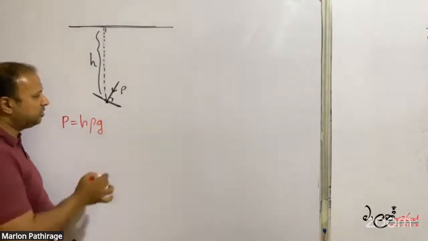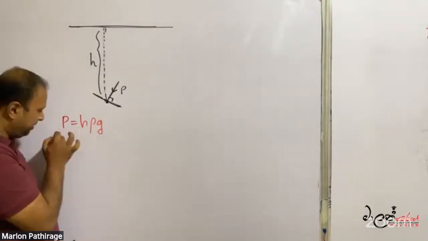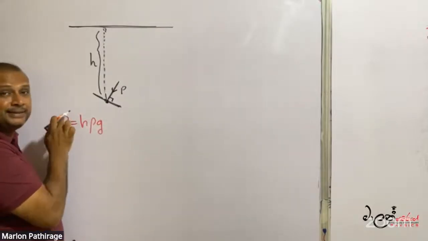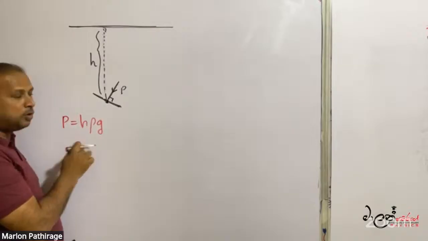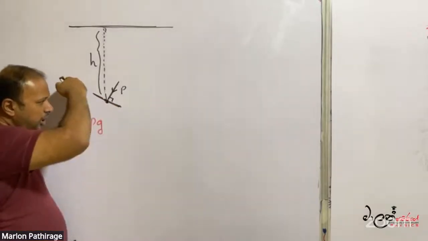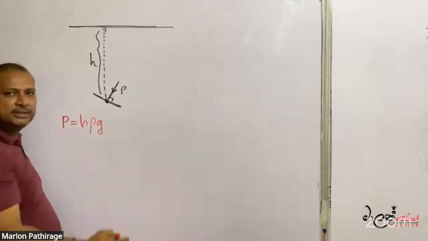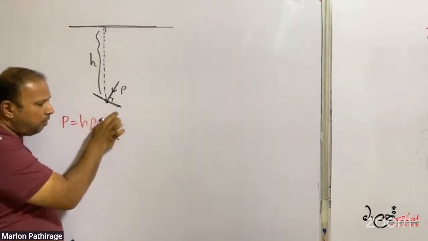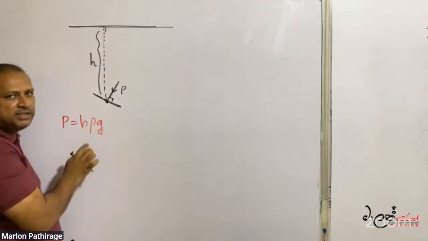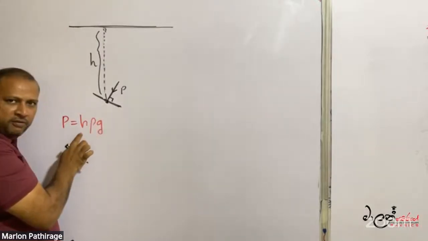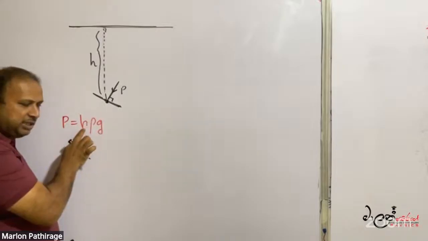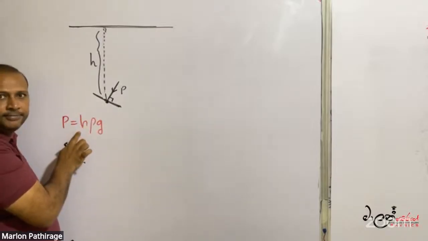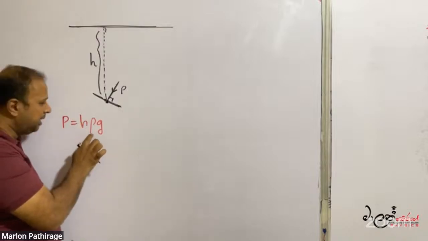Actually, this equation, this pressure does not depend on the shape or orientation of this surface, Puthi. This pressure does not depend on the orientation or the area of the surface, because according to the equation, pressure depends on height only, because rho g is a constant.